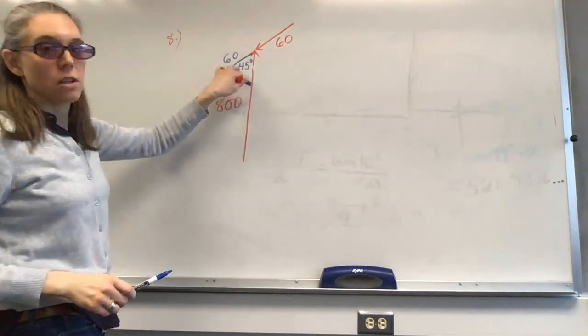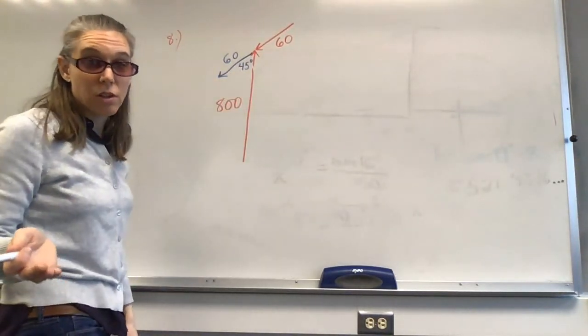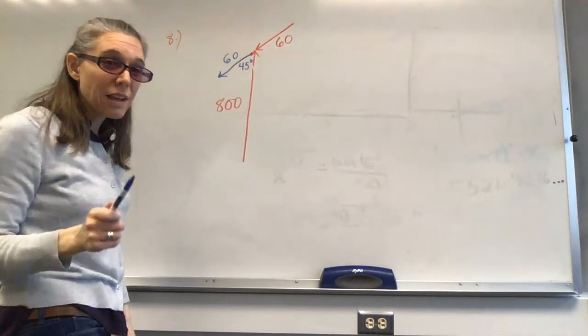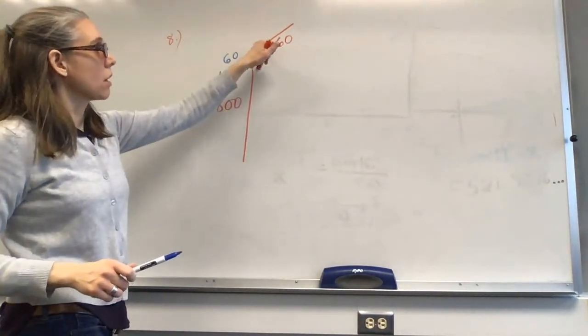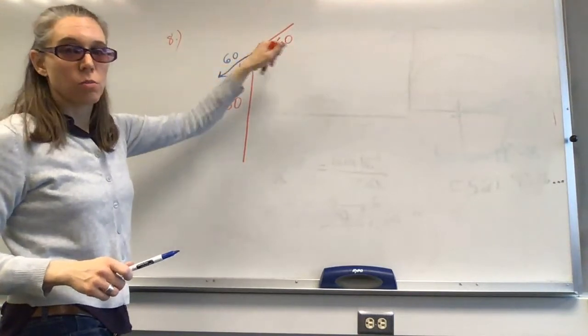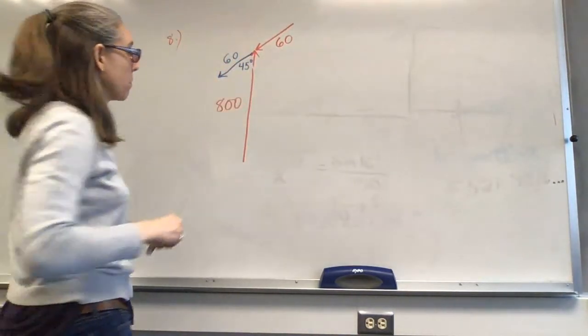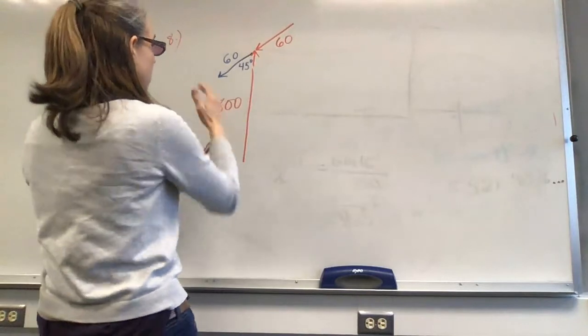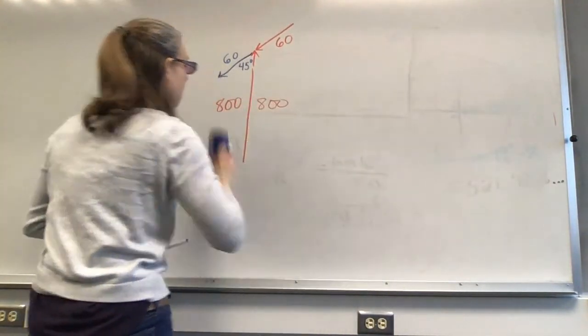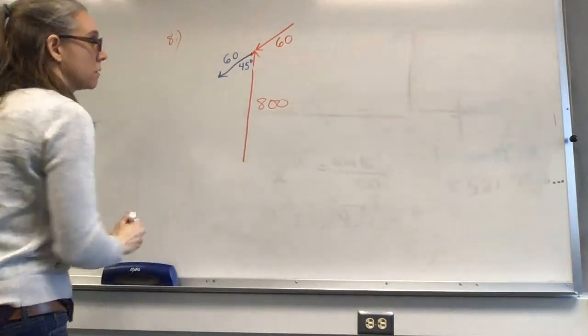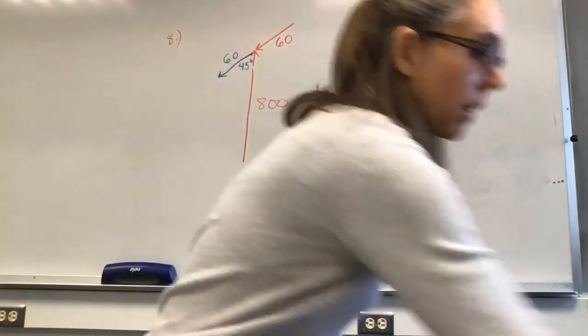And if you end up with an acute angle, you're going to keep that 45 degrees. If you end up with an obtuse angle, don't label it 45 degrees. The obtuse angle that corresponds to 45 degrees is 135 degrees. Now, the resultant vector is going to be over here on the left-hand side, so I'm going to move the 800 over to the right. And pay attention now to the resultant vector.